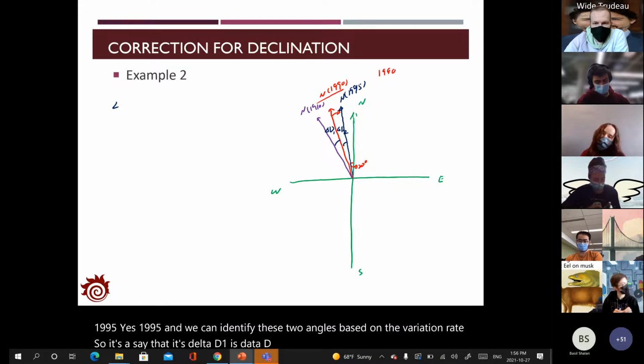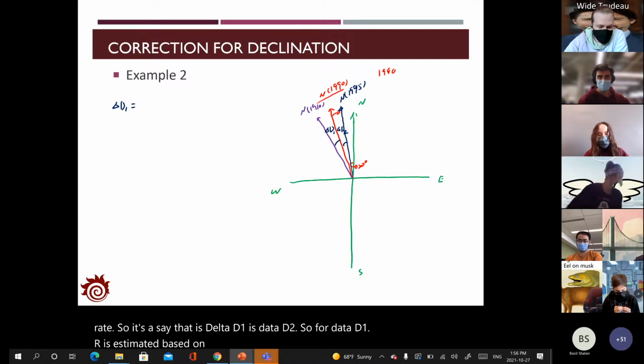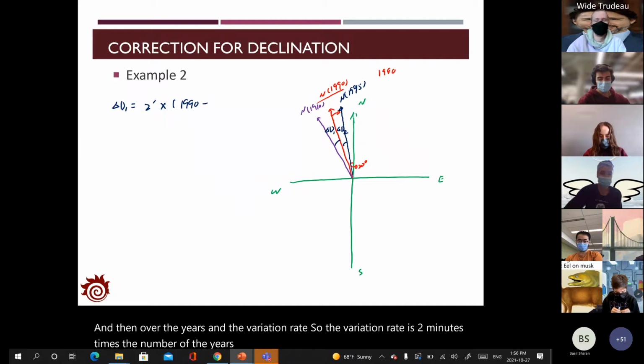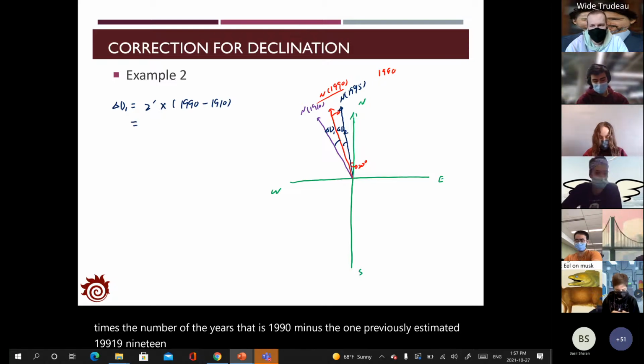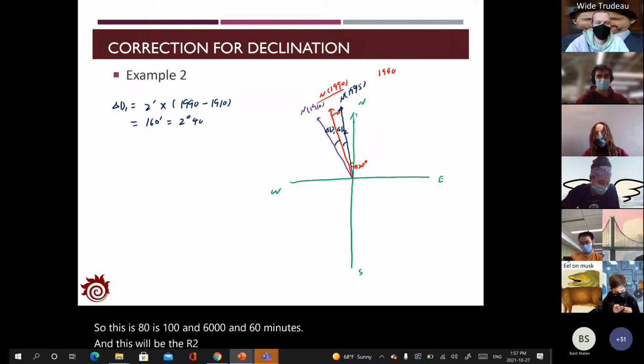So for delta D1, it's estimated based on the number of years and the variation rate. So the variation rate is 2 minutes times the number of years, that is 1990 minus the one previously estimated, 1910. So we have the result as 80 times 2 is 160 minutes, and this will be 2 degrees 40 minutes.